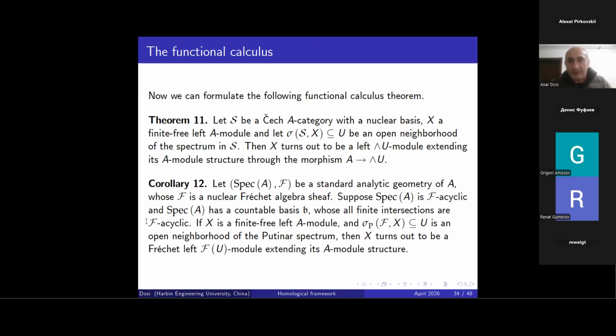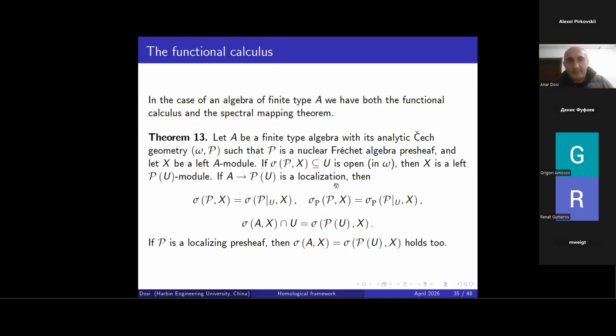So spec should be F-acyclic, spec should have a countable base, all finite intersections must be F-acyclic. In this case, if X is a left module, finite free, and U contains the Putinar spectrum open neighborhood, then the A module structure can be lifted here. So we have a functional calculus. Yes, this is a corollary of this fact, promptly.